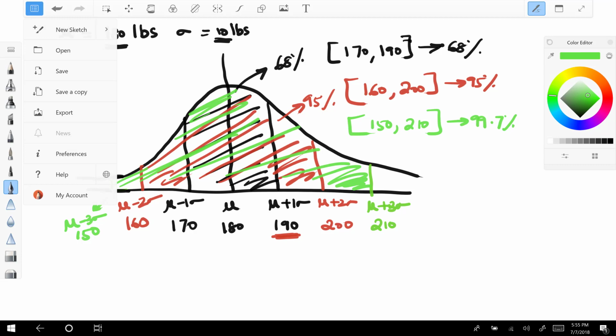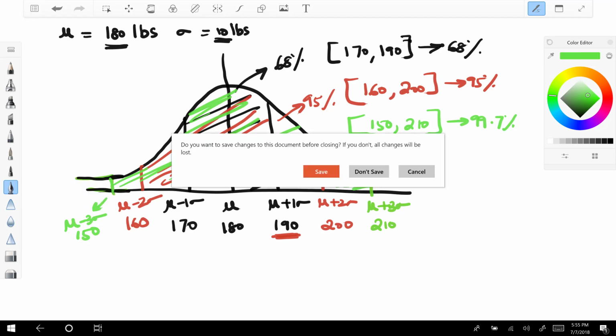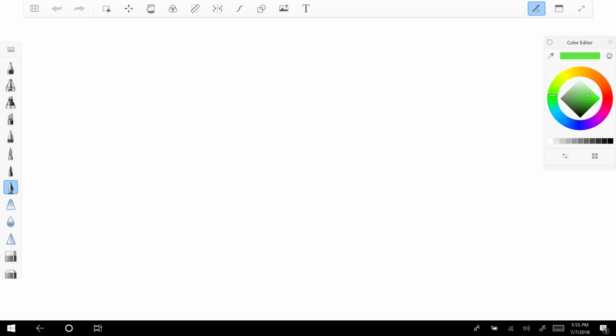We have a class whose mean is 180 pounds and whose standard deviation is 10 pounds.